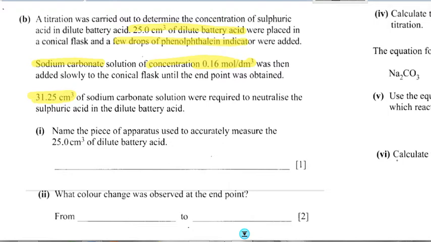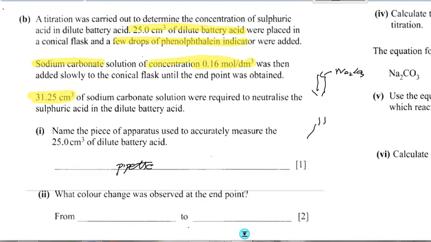So let's see how we go. Name a piece of apparatus used to accurately measure out the acid. Well, that's simply a pipette. What colour change would you observe during it? Well, in this instance, you are taking the sodium carbonate, so your base is Na2CO3 there.